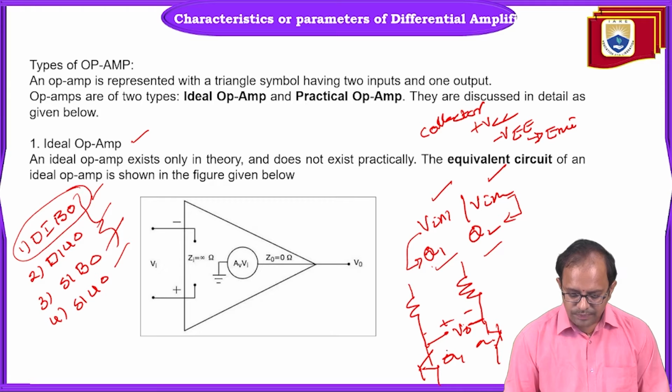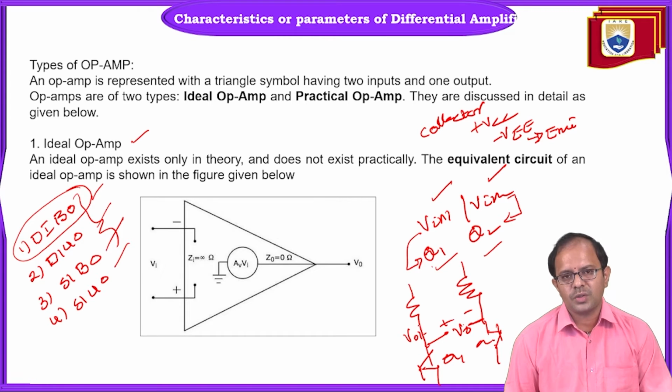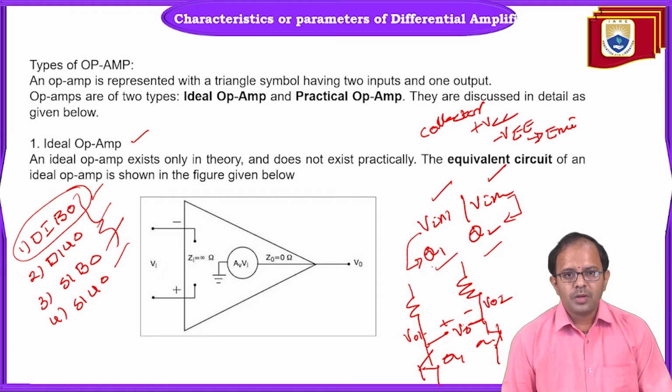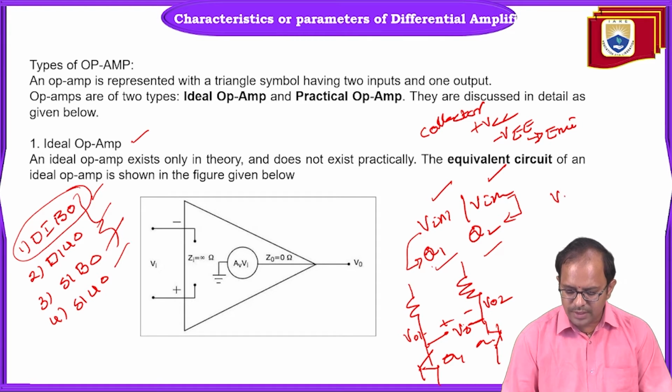Why? Because Q1 will produce an output called VO1, the output across the collector of transistor Q1. And the output across the collector of the second transistor Q2 is VO2. Now the final output voltage VO is the difference between the two, right?